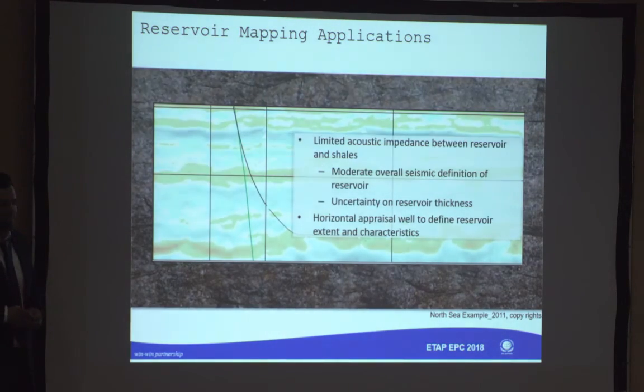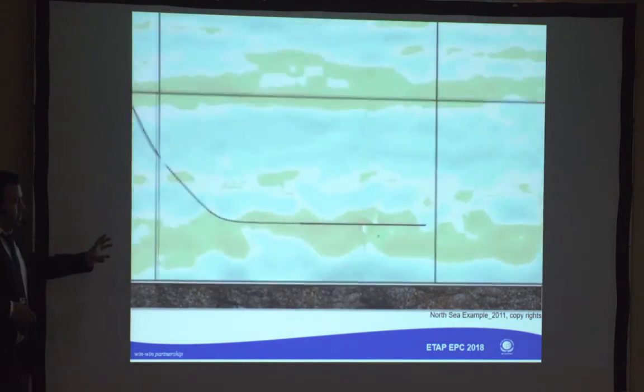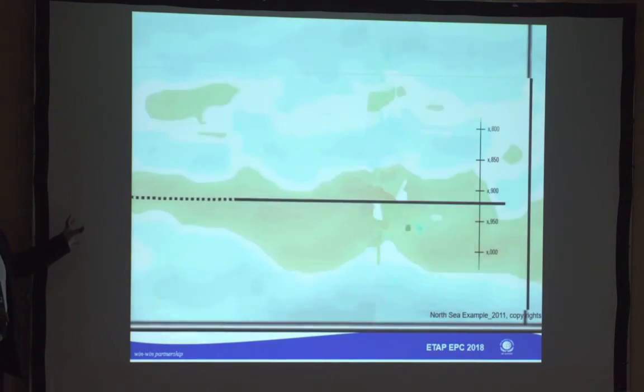So if we zoom into the reservoir, because it's sand injectite, it doesn't have a horizontal shape of layers, but the sand can go anywhere depending on the stress applied by the overburden. And it's difficult to map.